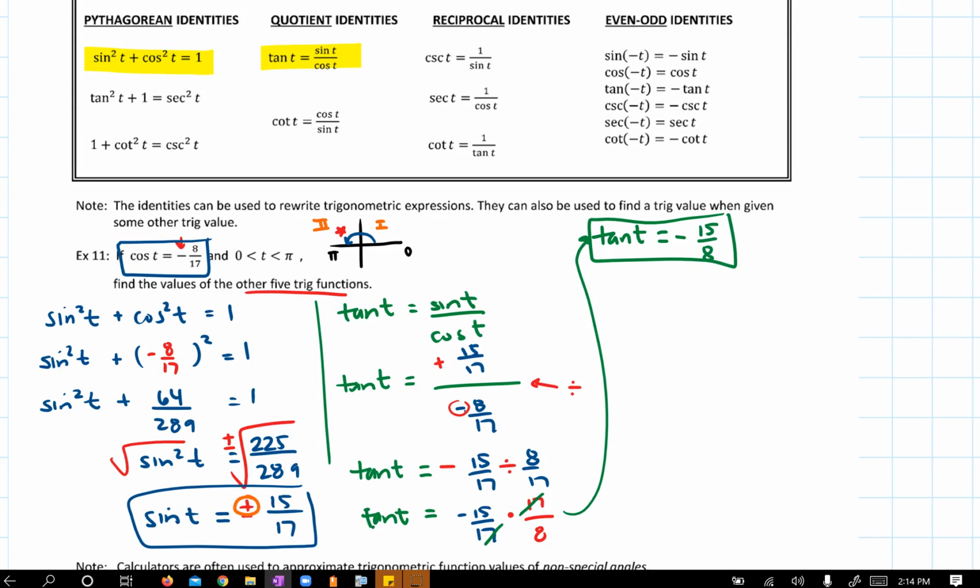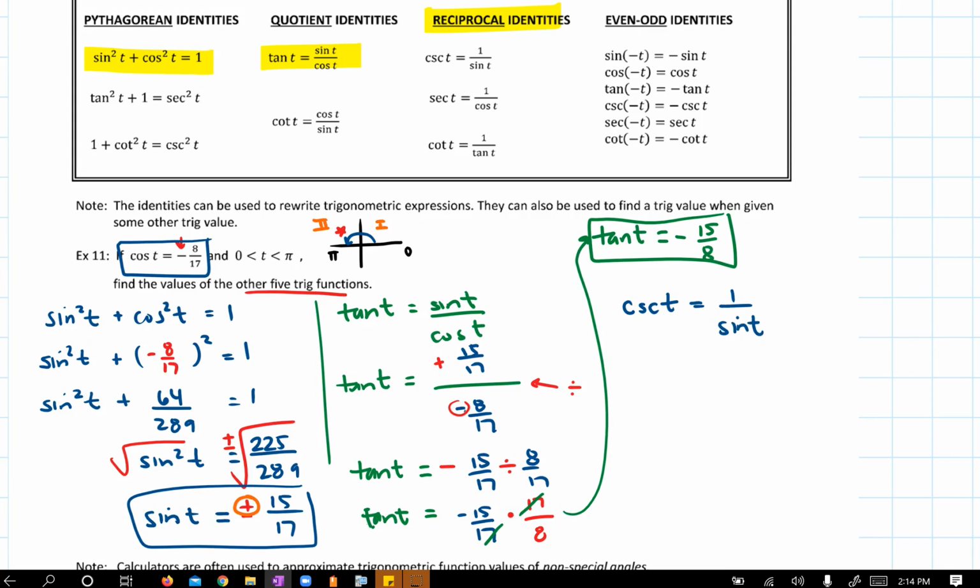So what I like to do is if I can use my reciprocal identities, maybe that'll be a nice way. And pretty much what we are looking at, if we know that we're looking for cosecant of t, that's equal to 1 over sine of t.